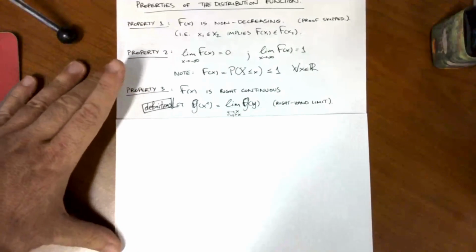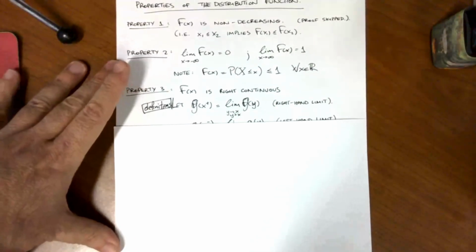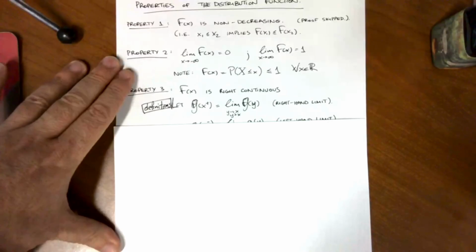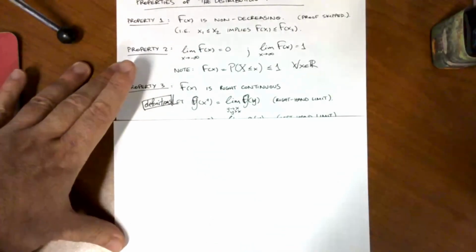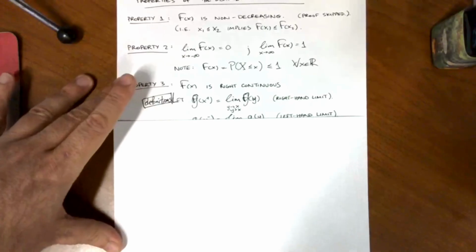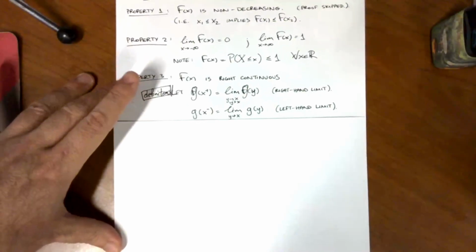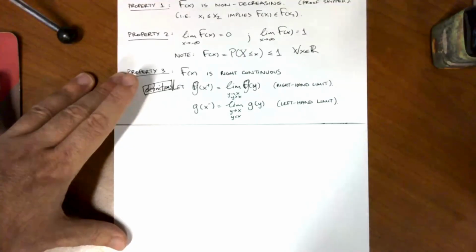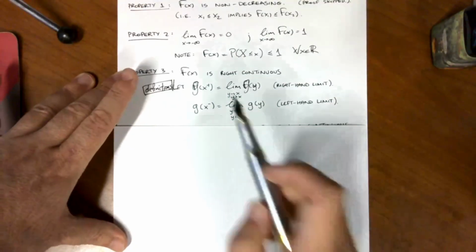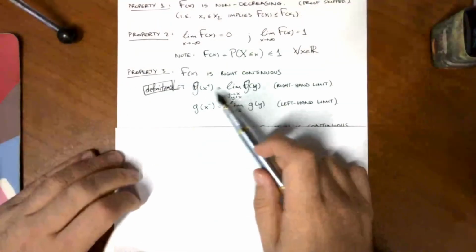Another property that relates primarily to discrete distributions has to do with the fact that F of x is defined as right continuous. In order to get into the discussion of right continuity, you have to be aware of some definitions, essentially defining g of x superscript plus sign.